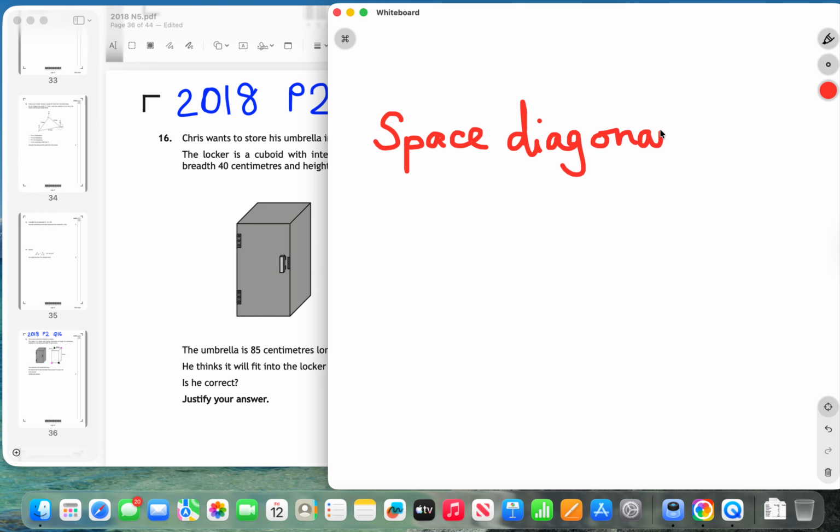I'll show you that method in a second, then adapting it. But the space diagonal is L squared plus B squared plus H squared. L is the length, B is the breadth, and H is the height.